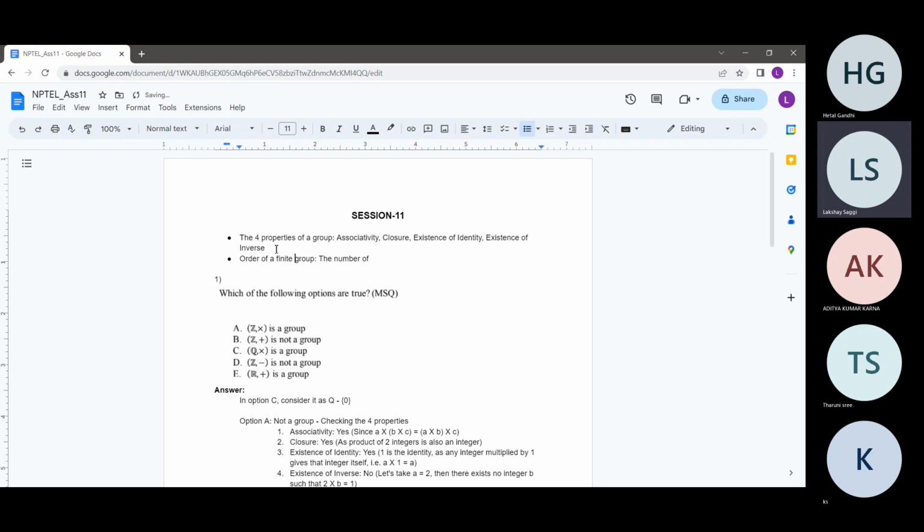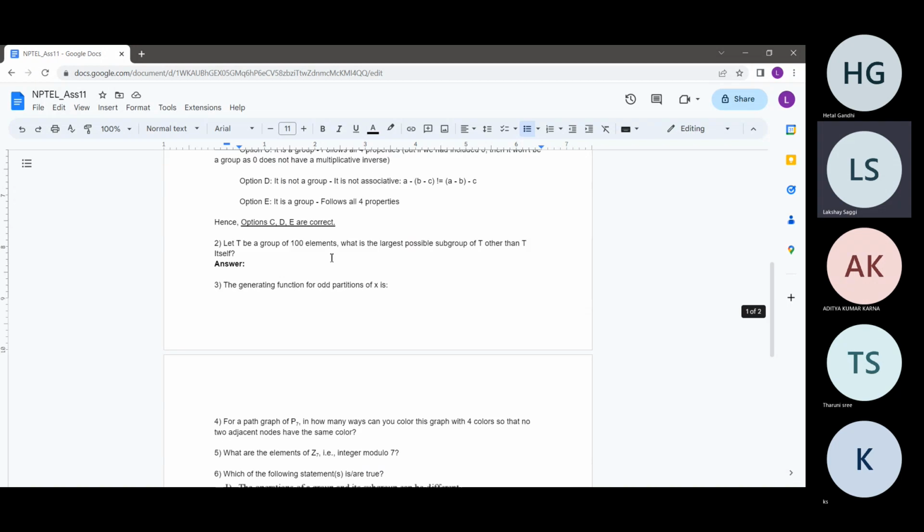So I'll say the order of a finite group is the number of elements in the group. A finite group in itself means the number of elements is finite. So yeah, this is an actual number. Let's say the group has 20 elements, so the order will be 20. If a group has 100 elements, the order will be 100. So here the group has 100 elements, right?